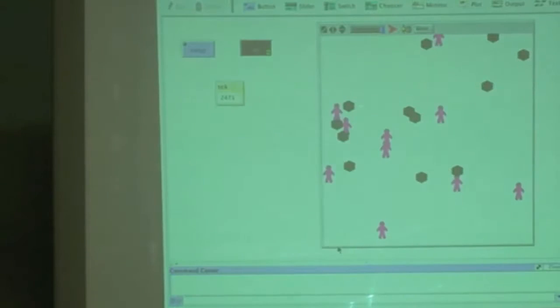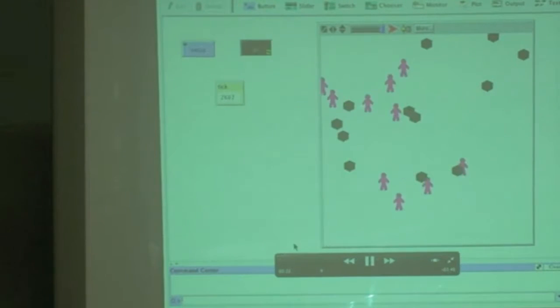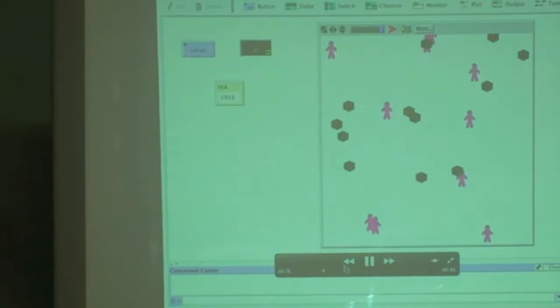This animation is so long, I skip this animation.